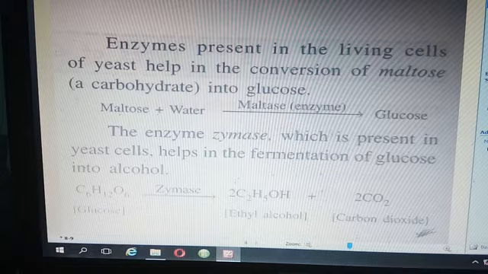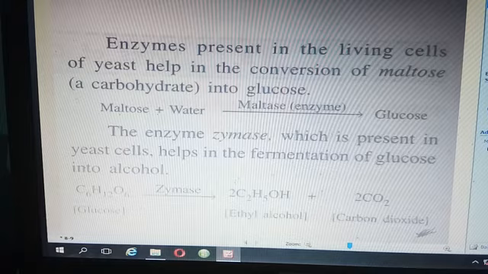Yeast is generally used to convert carbohydrate into alcohol. Here, another function of yeast is the conversion of maltose into glucose. So enzymes present in the living cells of yeast help in the conversion of maltose, a carbohydrate, into glucose.